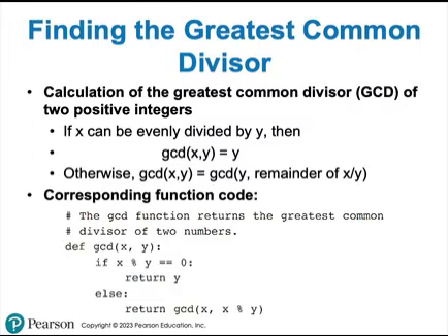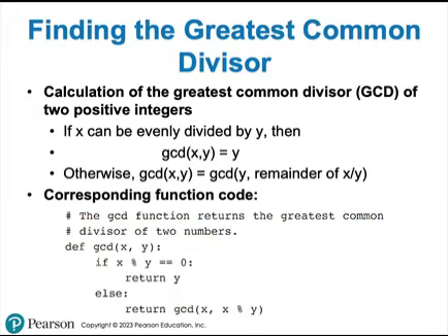So basically, if x can be evenly divided by y, then the greatest common denominator of x and y is y. Otherwise, we want to call that with y and the remainder of x divided by y. I'm surprised they didn't put the 2 slashes here because it's really the percent.